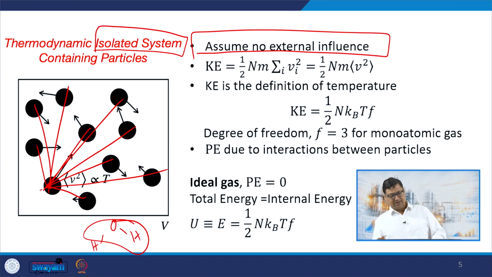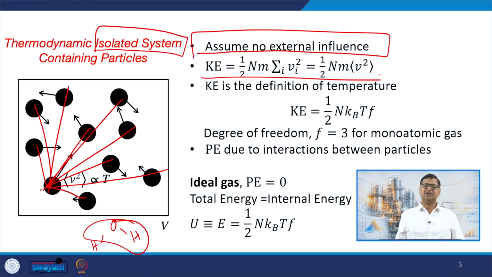So now the kinetic energy of this system, that is a system under no external influence, is the sum of the kinetic energy of all the particles, in this case molecules, in the system, right. Let us say the particles are all identical, so they have some mass m, and let us say n is the number of particles, and Vi is referring to the velocity of the ith particle.